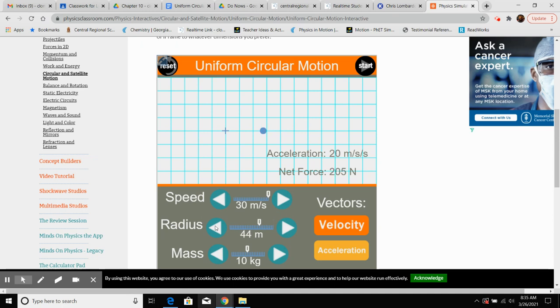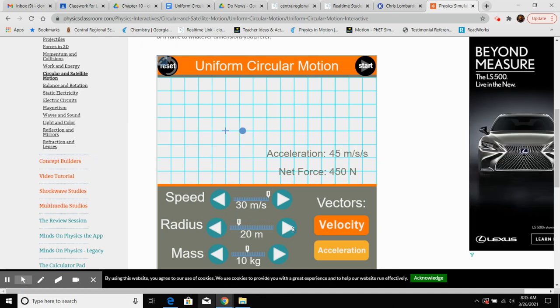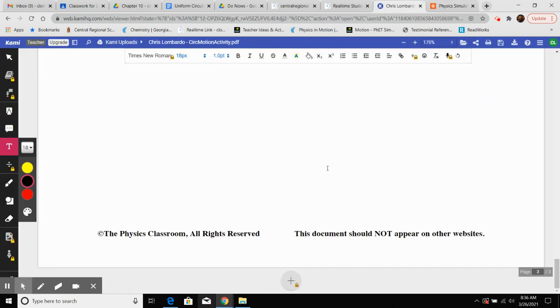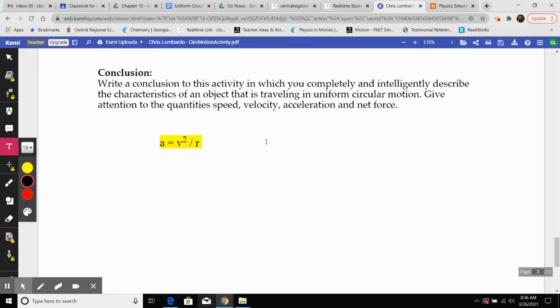How does this affect the radius? As radius decreases, net force increases. So that as well is inversely related. And then how is the mass related? As the mass increases, so does the net force. As the mass decreases, so does the net force. So that equation would be very similar to this. The force is equal to the mass times v squared divided by r.